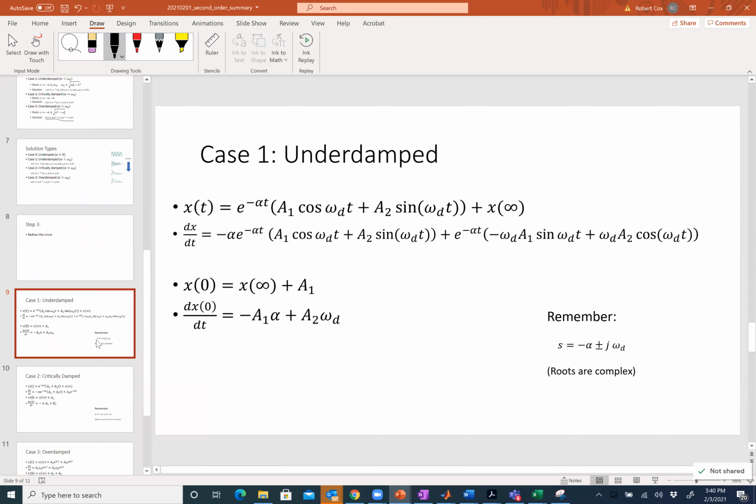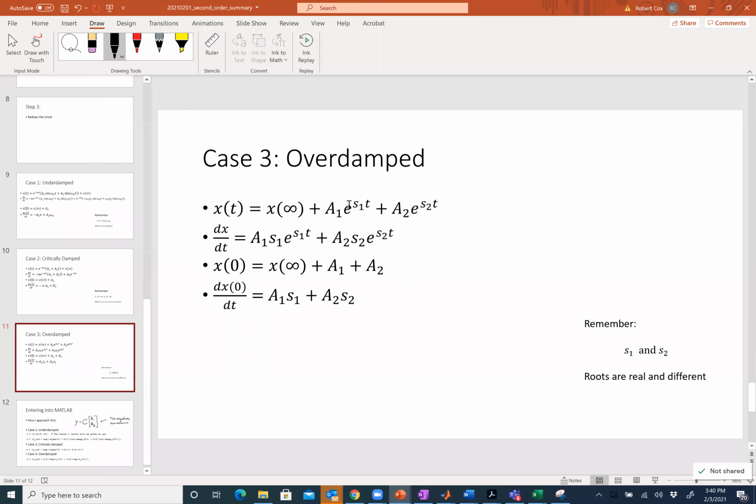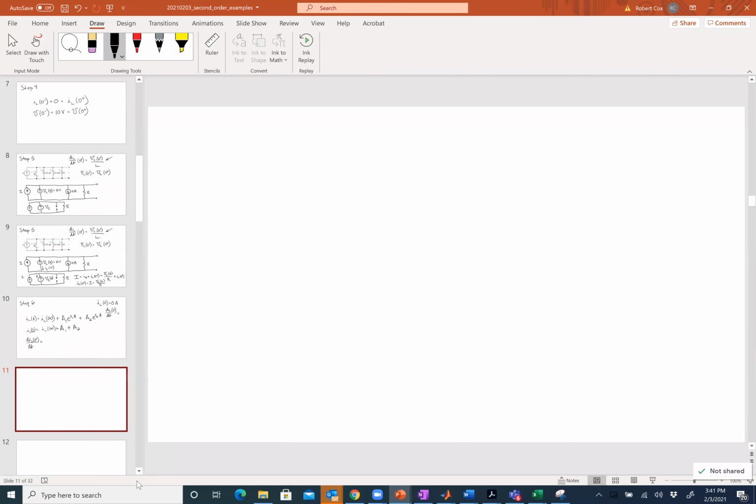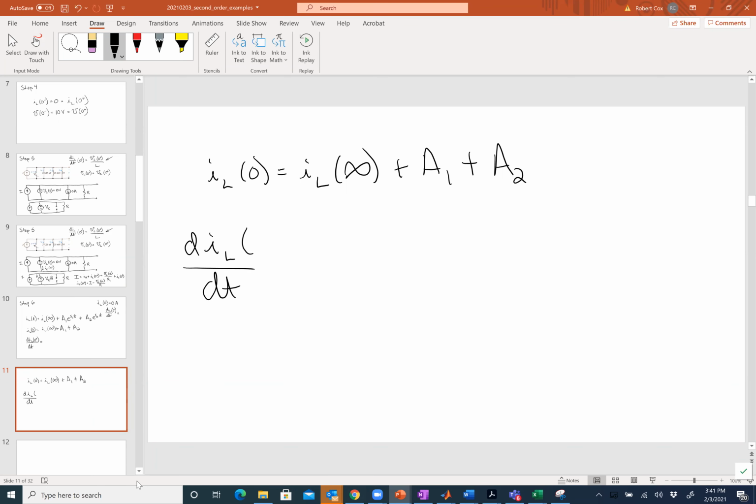What I gave you, if I'm looking at the overdamped case, is what I've got here. You take the derivative and I get this expression right here, with these values. So the equations in that case are IL of 0 equals IL of infinity plus A1 plus A2, and dIL/dt of 0 plus is equal to A1 S1 plus A2 S2.